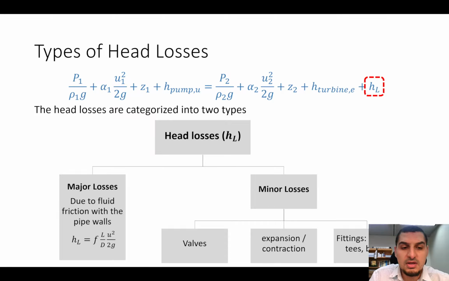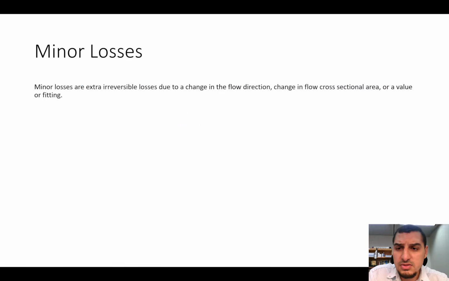the regular friction. We're going to discuss the sources of minor losses in detail later, but this is just important to understand. So these are extra irreversible losses due to the change in the flow direction, change in the cross-sectional area, presence of valves or fittings.